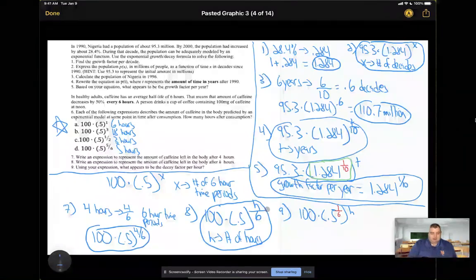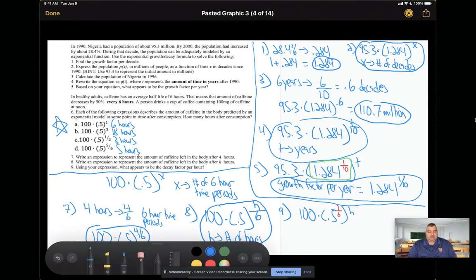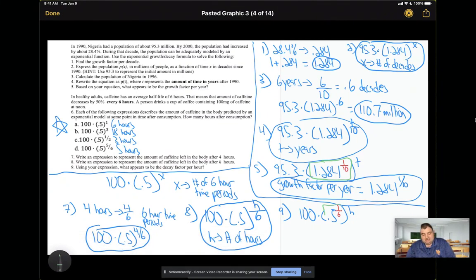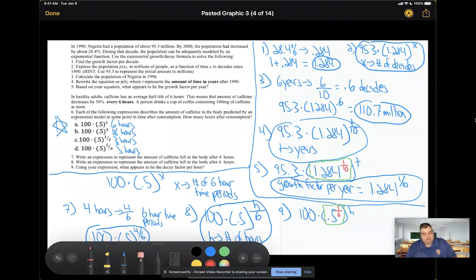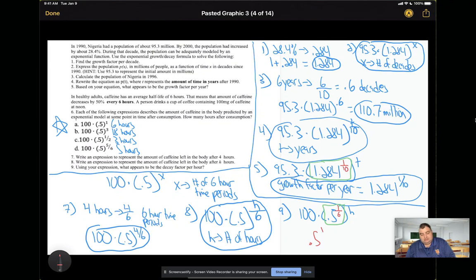Here, I'm going to take h over 6, and break that down into 1/6 times h. Once I break that down, whatever is inside the parentheses is now your decay factor per hour. So the answer to number 9 is 0.5 to the power of 1/6.